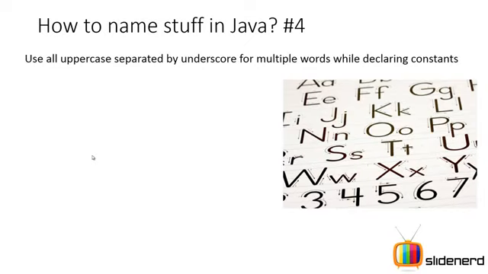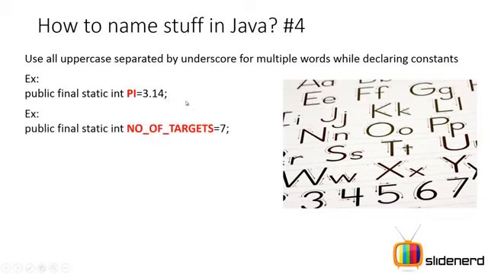How to name stuff in Java. Now, for constants, if you remember, there are certain values which are constants that don't change throughout the program. For those, you simply use all uppercase letters. If you remember, when you're chatting with someone, you never use caps lock, right? Because the other person finds it very annoying, or they think that you're trying to scream or shout at them. But that is exactly what you're supposed to do here. For example, if you have a variable PI, which is a constant, say public final static int PI equals 3.14.